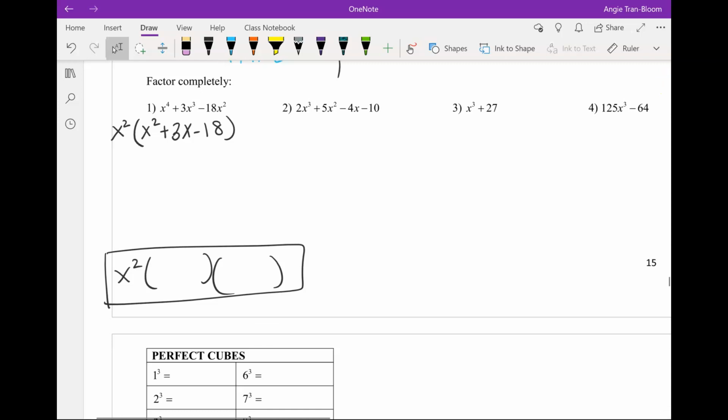Well, A will just be x. x cubed. No, 3A. x plus 3. x plus 3. They don't match up though when you keep going.